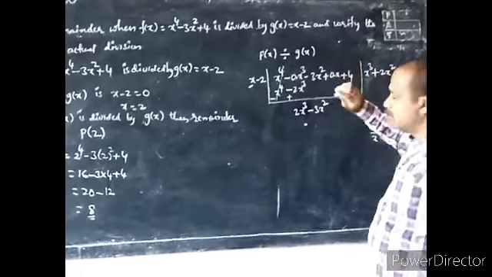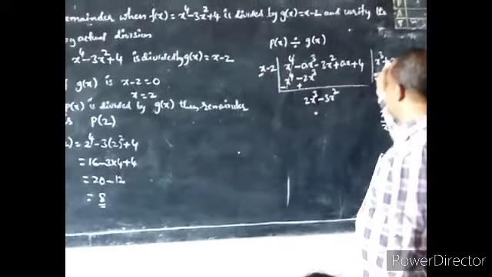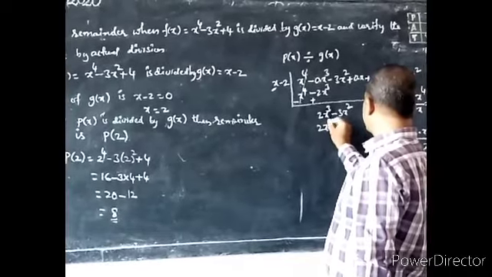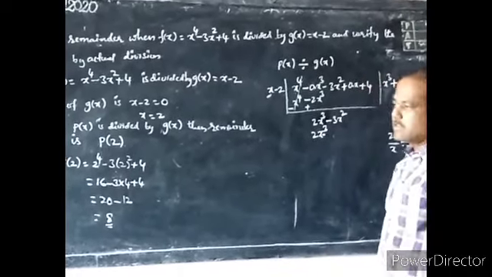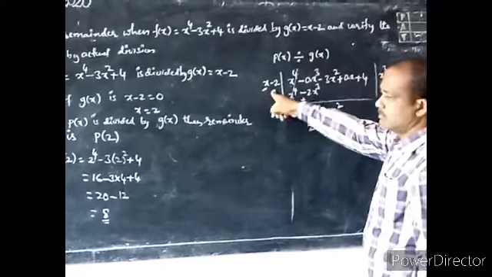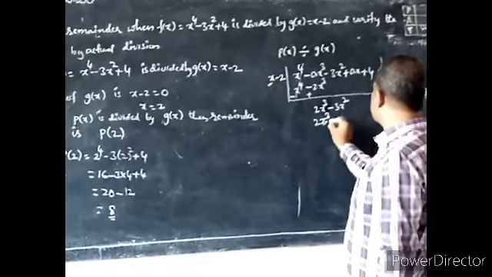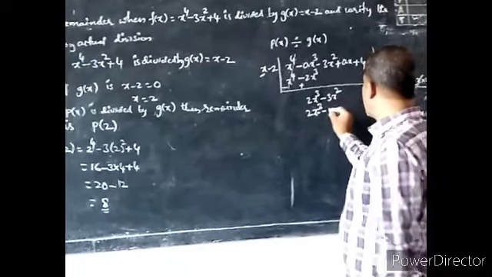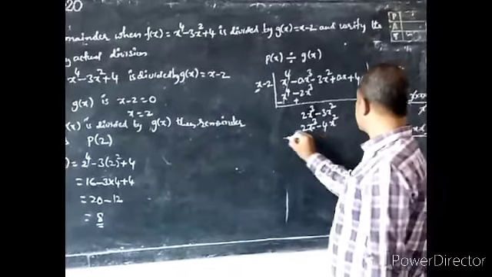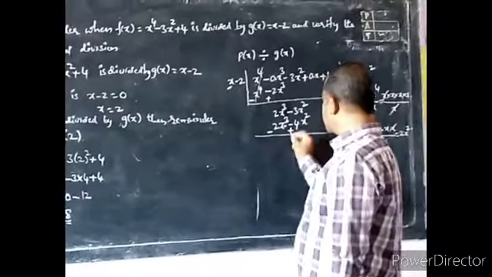In the quotient write plus 2x square. With this plus 2x square, again multiply the divisor. 2x square into x is 2x cube. In the same way 2x square into minus 2: minus 2 twos are 4, x square as it is. Now again subtraction. When we are subtracting, symbols are changed.